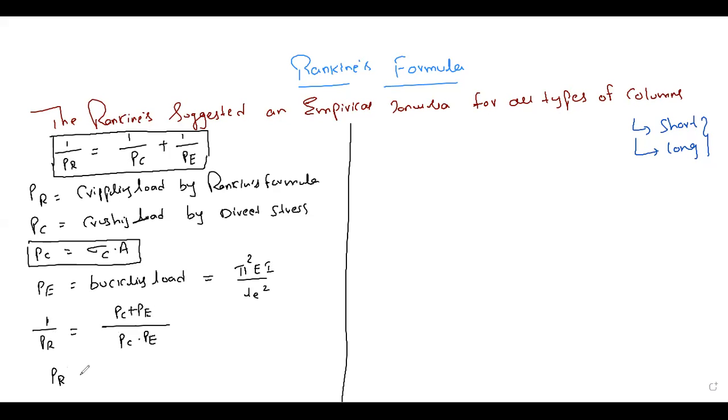Next, PR is equal to PC into PE by PC plus PE. Right, sure? So finally, this can be written as PC by 1 plus PC by PE. Am I right, sure? See, anta mathematics, right? So now substitute the values of PC in this equation and substitute the value of PE in this equation.